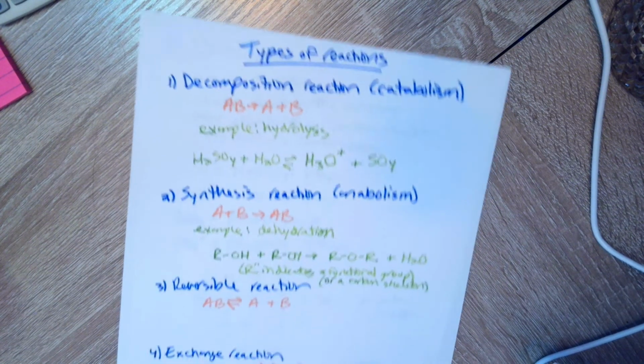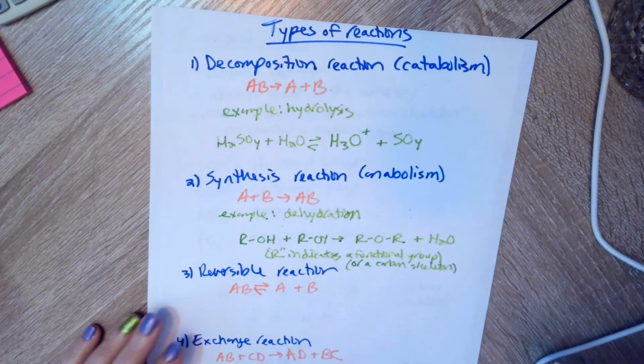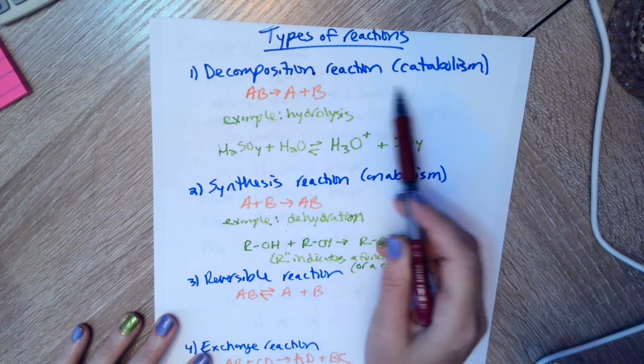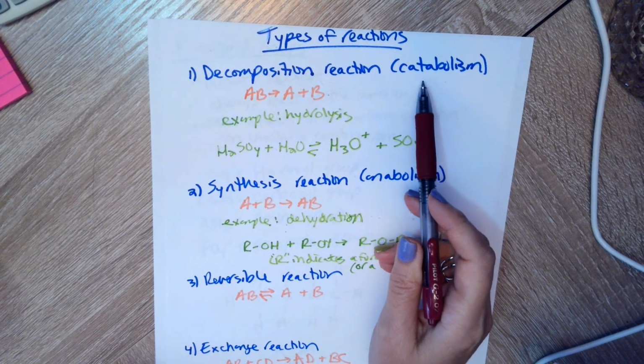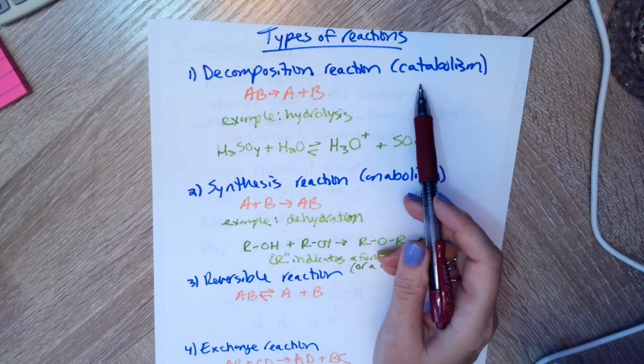Okay, so the various types of reactions are the main types we're going to be thinking about for this unit. There are decomposition reactions, which are called catabolism. Catabolism is any time you break something down. So you're usually breaking it down to get its component parts out or to release energy that was stored in that molecule.